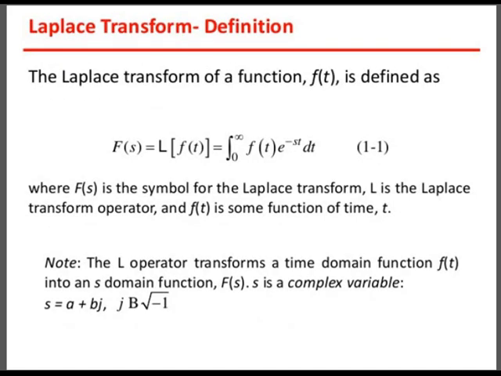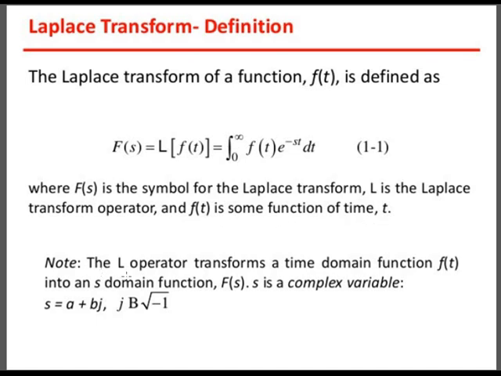Now, the definition of the Laplace transform. The Laplace transform of the function f of t is defined by capital F of s equals Laplace of f of t, equal to the integration from 0 to infinity of f of t times e raised to minus st dt. This is the definition of the Laplace transform, where F of s is the symbol of the Laplace transform, L is the Laplace transform operator, and f of t is some function of time.